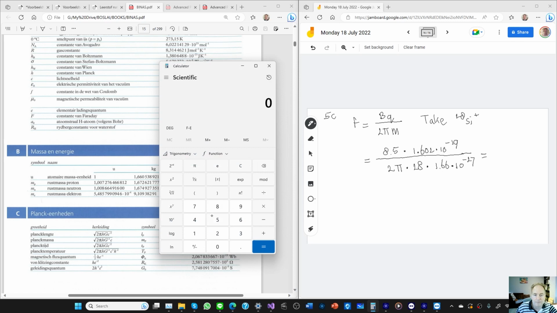So 8.5 times 1.602 divided by that thing there. Careful. 1.66.